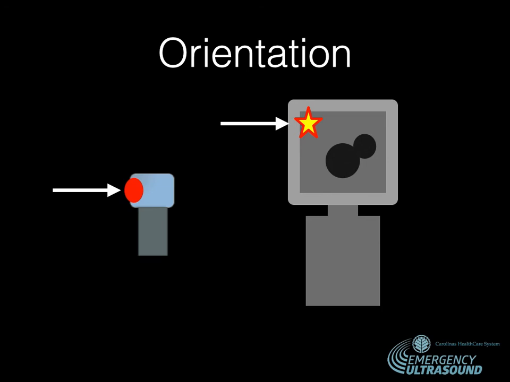Oftentimes we'll see on different ultrasounds that the dot might reflect the first letter of the ultrasound machine itself, such as our Mindray might have an M in the little dot, Zonare might have a Z in the little dot, and the little dot acts as your compass. So this is your guide for orientation with ultrasound.